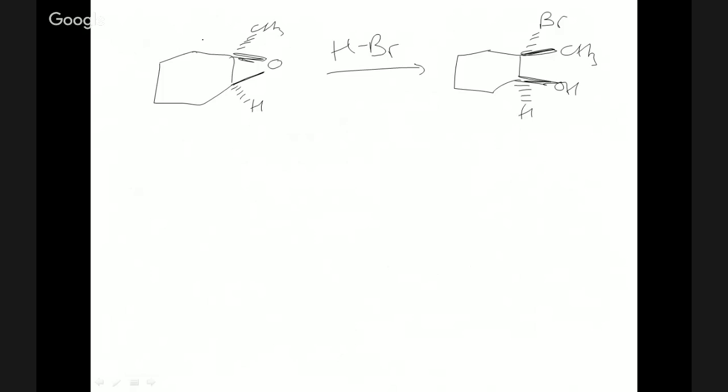If you want to look at it a little deeper, they show some potential transition states in chapter 9, figure 9.10. It gives some transition states and talks about the more stable transition state, and that's why you get it at the more substituted carbon.